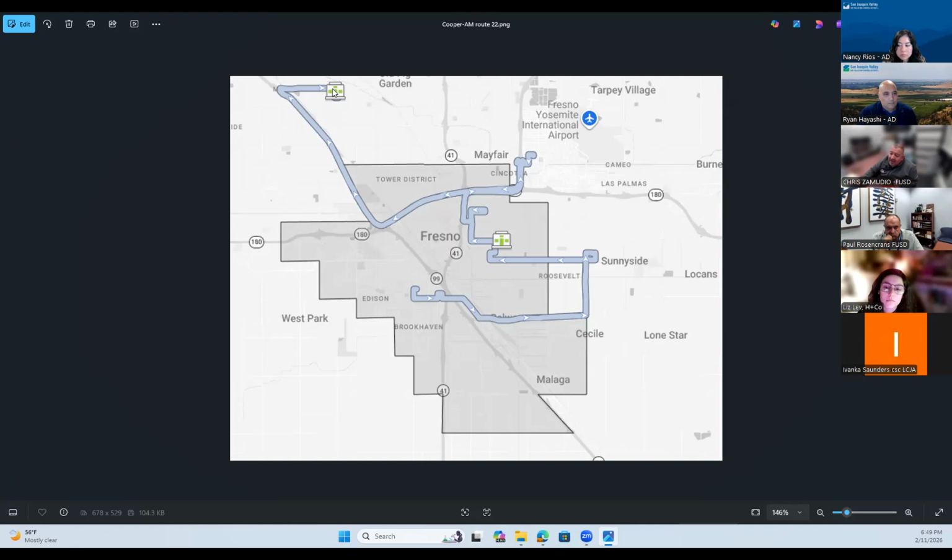So a part of our magnet schools is we're going to prioritize students that are being serviced within this boundary, even though it's a magnet school and the magnet school might be located outside of the boundary, but we will be picking up students that live within that boundary.